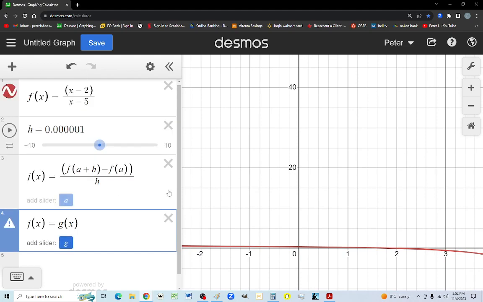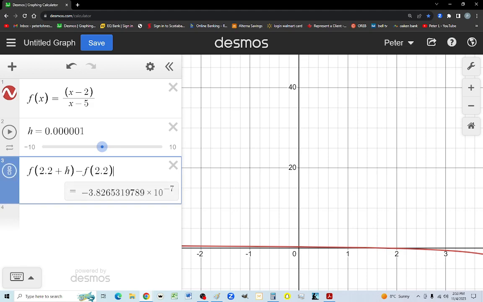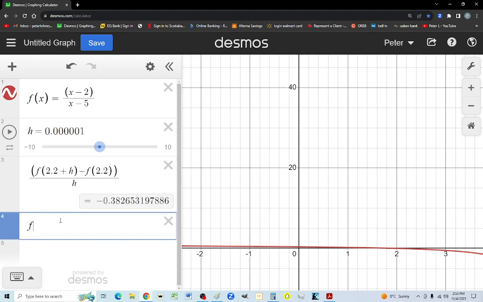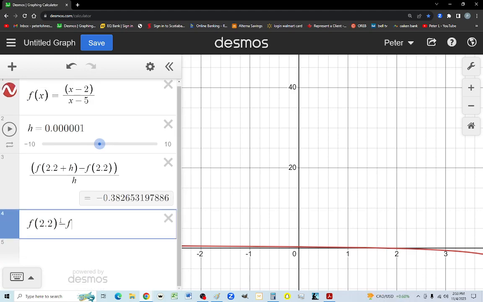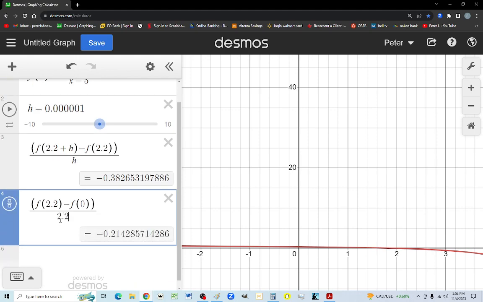So we're going to find the instantaneous rate of change at 2.2. That's that. And then we're going to find the average rate of change for 2.2. No, they don't match.